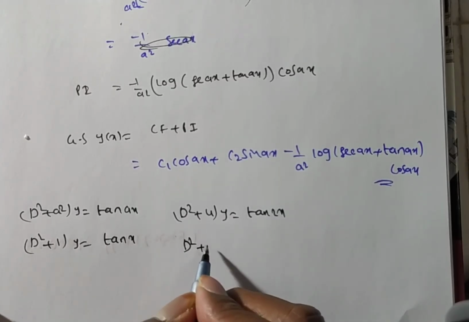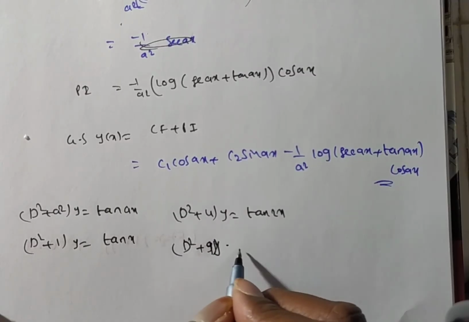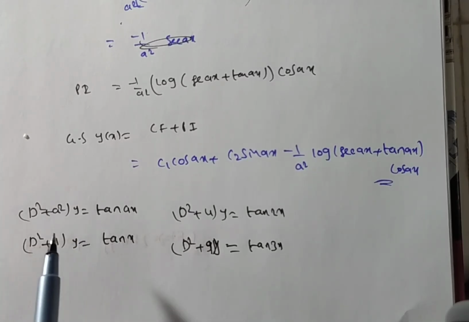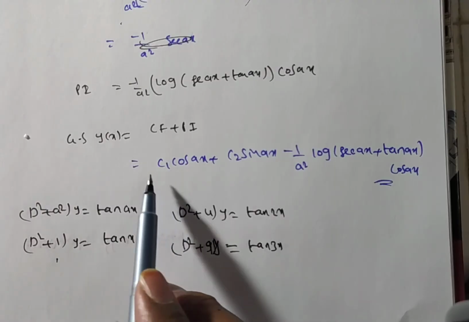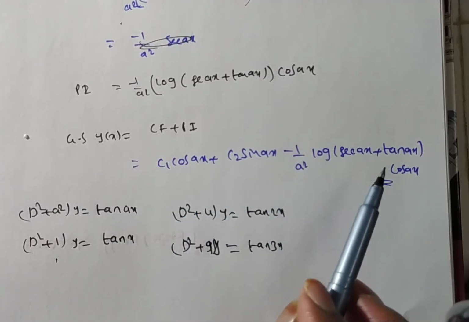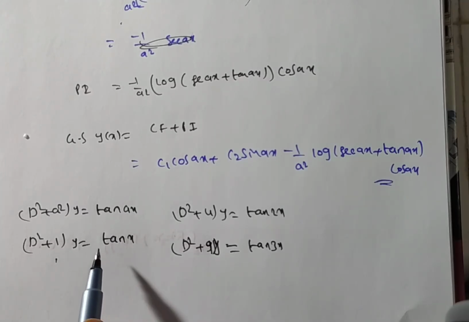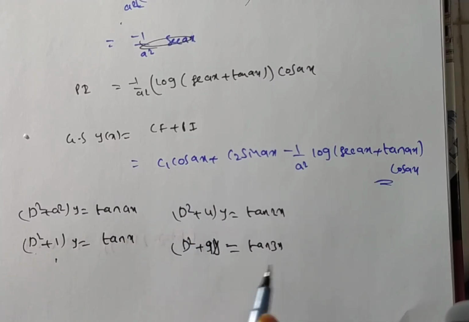Fourth problem is D square plus 9 times y is equal to tan 3x. So friends, you observe, in place of a if you substitute, then you will get this answer, that is c1 cos x plus c2 sin x minus log of secant x plus tan x into cos x is the particular integral. Next, if you put a is equal to 3, you will get the solution for this.